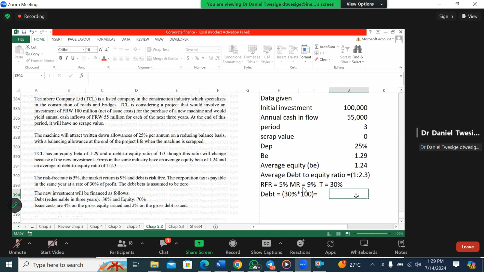And we get 30% times 100. That's the debt. Hope we are getting the data together. Equity is 70%.